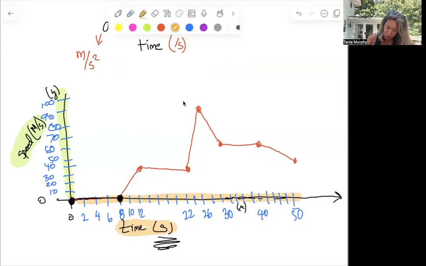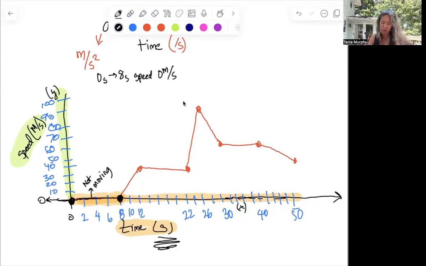Between 0 seconds and 8 seconds, the speed equals 0 meters per second. So we are not moving, because our speed is 0 meters per second.